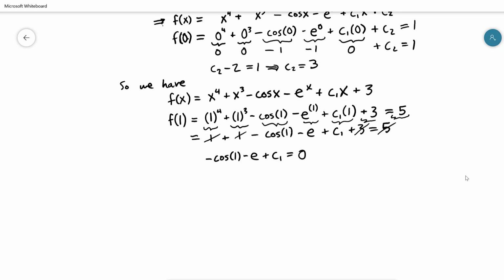Solving that for c1, we would just add the cosine term and the e term to the other side, and we would get that c1 is equal to e plus the cosine of 1. And we'll just leave it like that. It's ugly. I don't know what the cosine of 1 radian is. You could get a decimal approximation on a calculator if you wanted, but this is good enough.